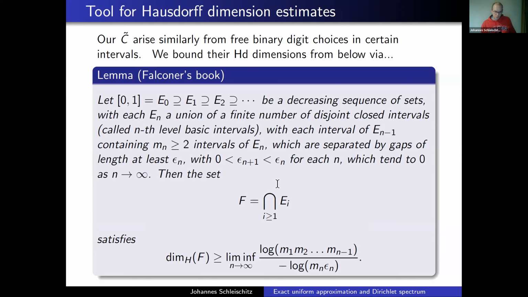And then you can bound from below the Hausdorff dimension, and in many natural settings, this is in fact an equality. And yeah, I use this. The digital restrictions give me such a setting with certain sets Ei as in the theorem. I get these m's and epsilons with it, and plugging in and optimizing some occurring parameters will give me the result 3/8 m.